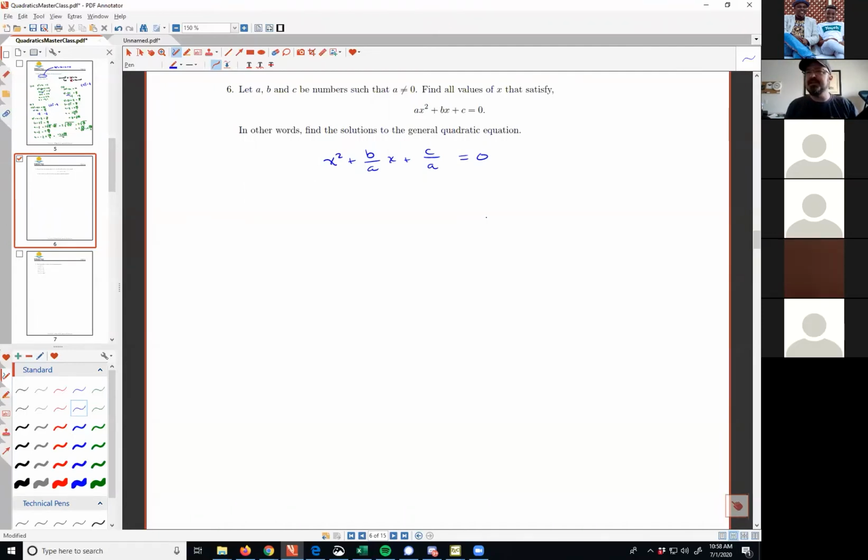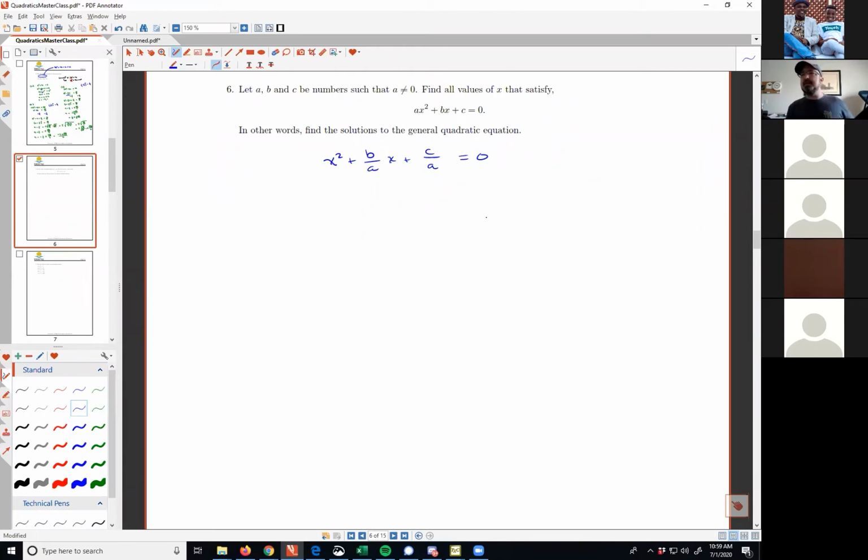Now, what is it that we need to do with this quadratic? We need to find a way to keep x on one side. We need to complete the square. Sneh has the wording right. We need to complete the square.